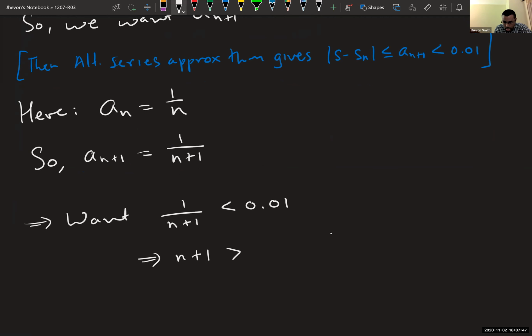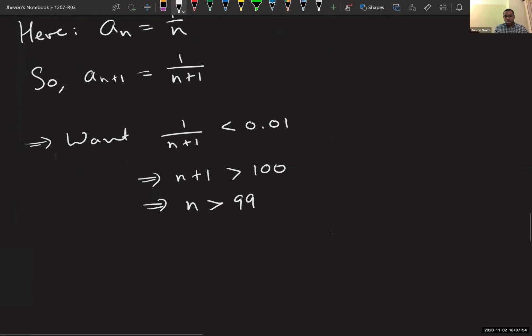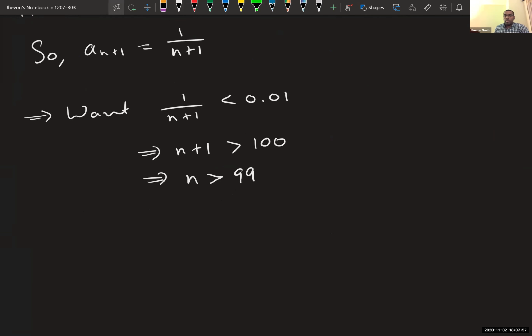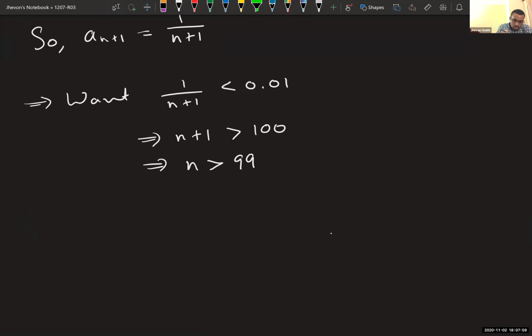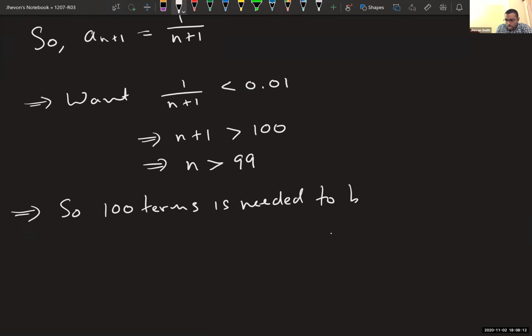This means that n plus 1 needs to be greater than 100, which means that n needs to be strictly greater than 99. So 100 terms is needed to be guaranteed 0.01 accuracy.